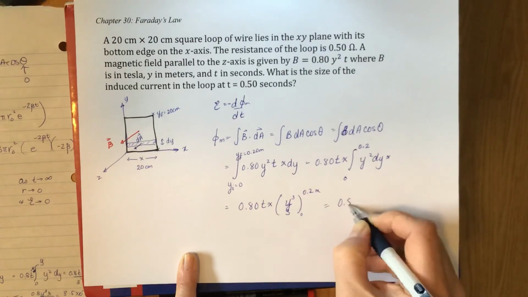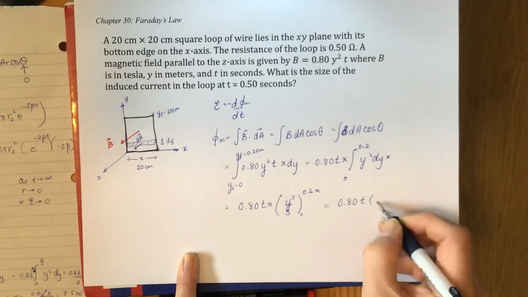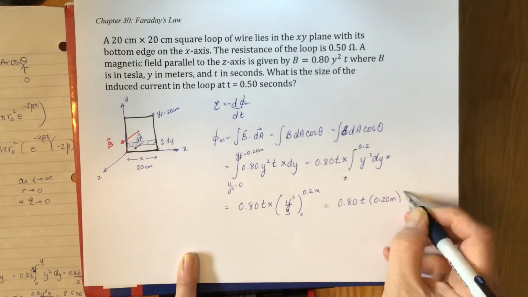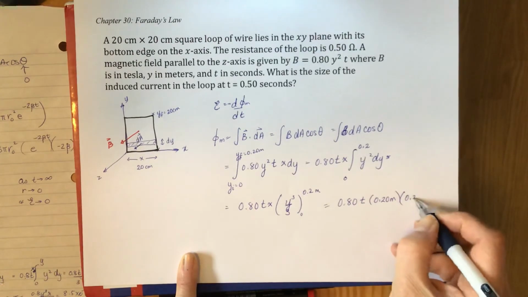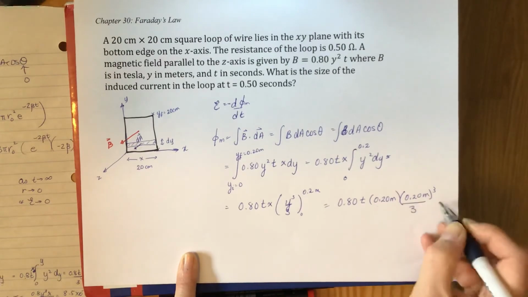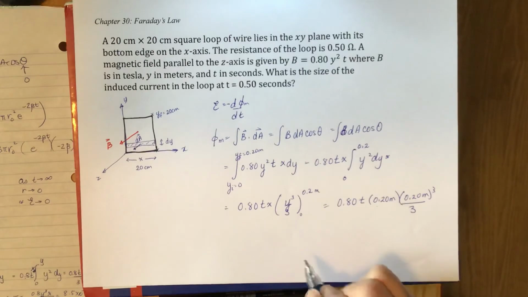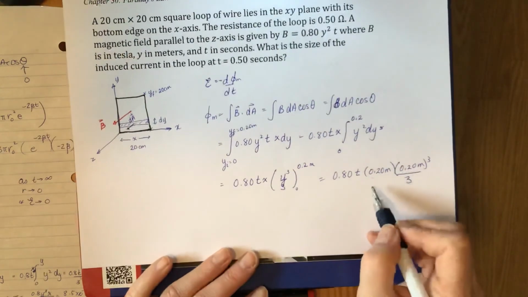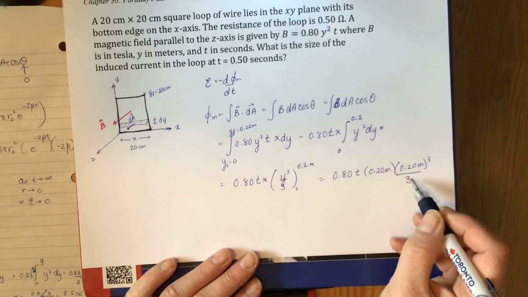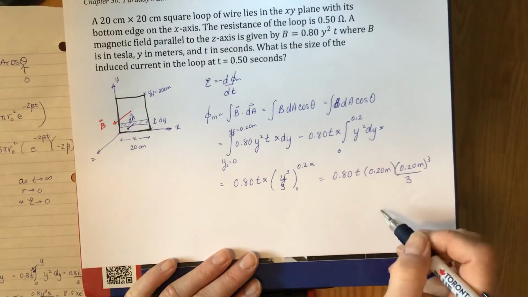So we've got 0.80 times t times x, x was 20 centimeters, times y cubed, 0.20 meters cubed over 3, minus our term with y equals 0, that's just 0. So there's our magnetic flux. Oh dear, I didn't write down the value for that. Okay, we'll just leave that as is.